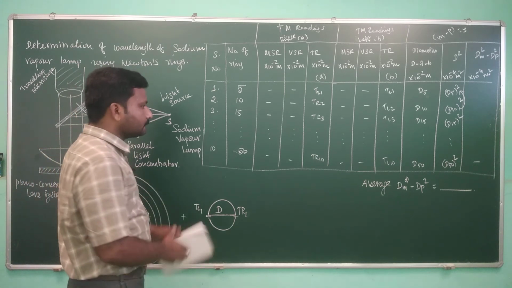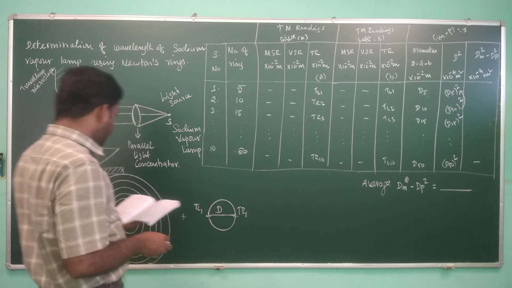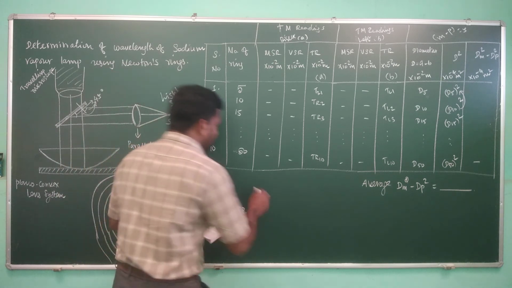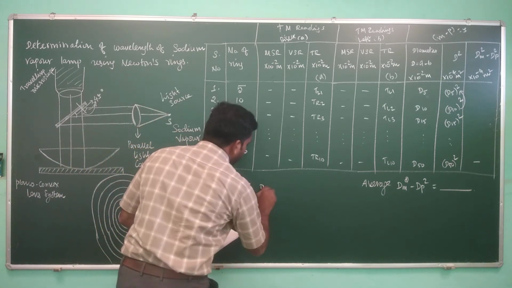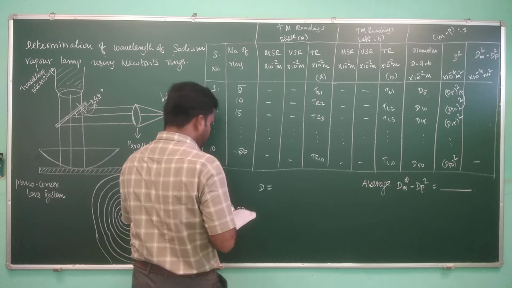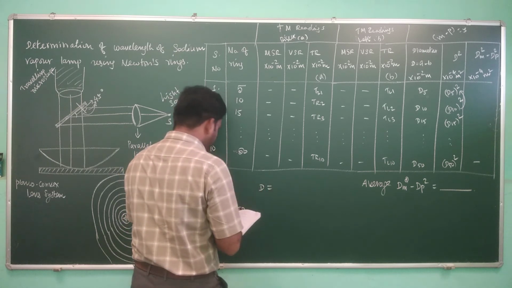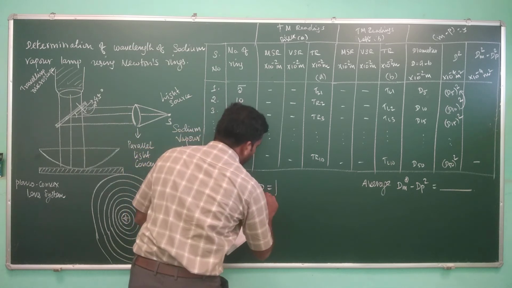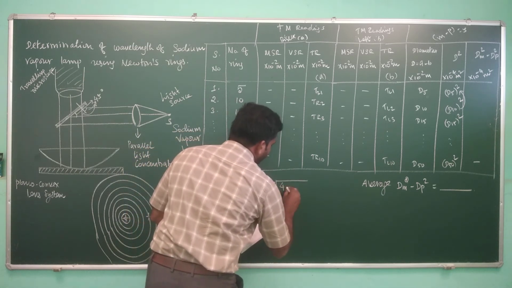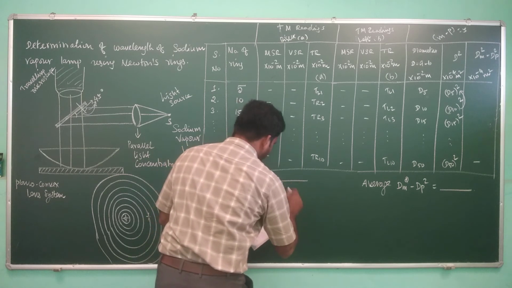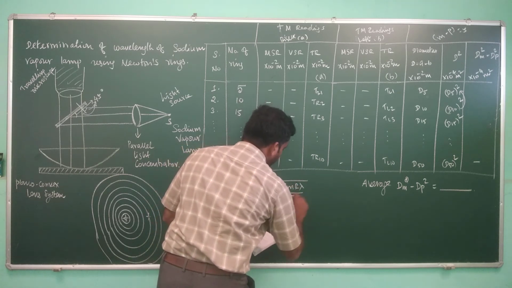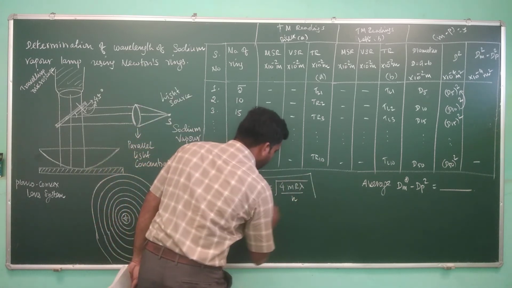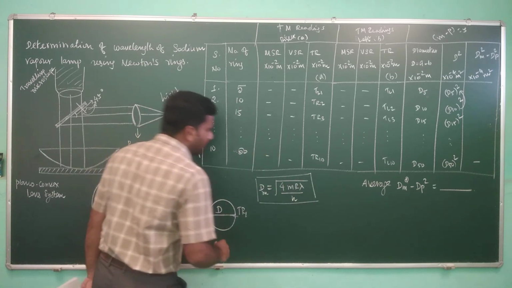Okay, good. Now we have the Dm square minus Dp square formula. See, we have the equation for the diameter of the dark fringe, which is nothing but, for the mth dark fringe, 4 m R lambda by n, right? This is the equation that we derived just earlier in this lecture.